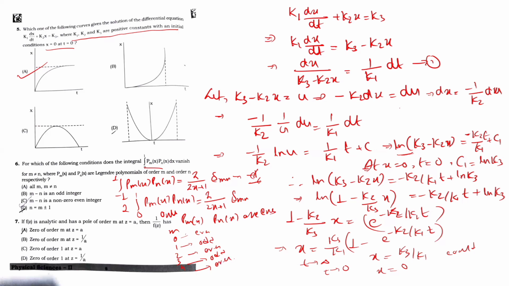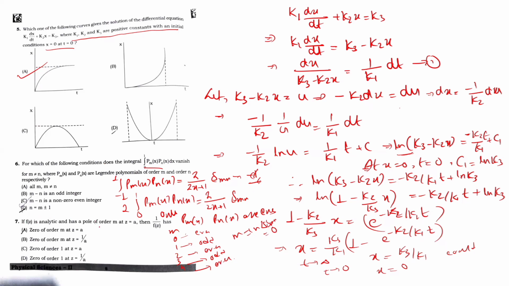That means m minus n must be a non-zero even integer. Only then you will get this particular value to be even. And remember that m is not equal to n, and Kronecker delta mn is equal to 0. So the correct option is option C.